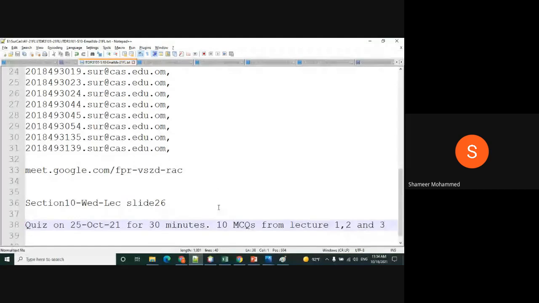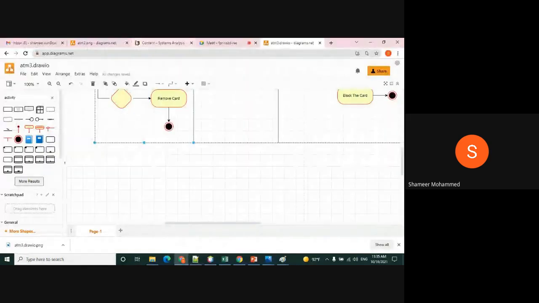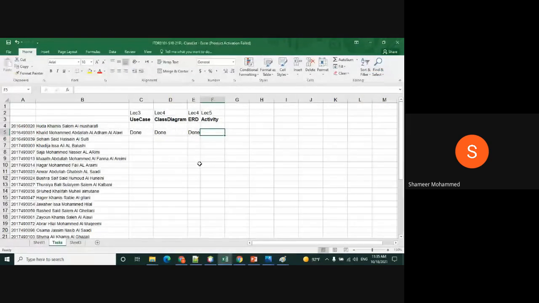So you study well. So next class you draw, or if you have not drawn, I will make you draw in the next class. You have to draw in front of me using this tool. Those who have not drawn, you have to draw and show me. Then only I will give the attendance tomorrow, next class. Don't show me your friend's one. You have to do yours and show me.